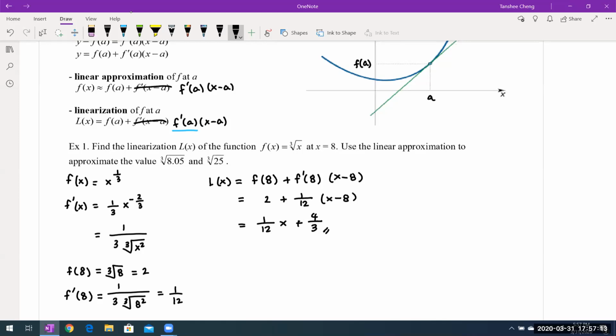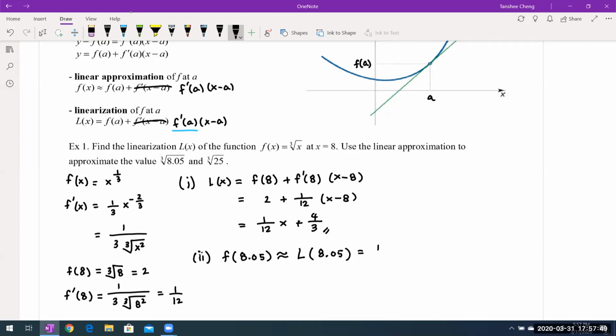This is the first part of the question. The second part asks you to do the linear approximation for cube root of 8.05. That means looking for the function value at 8.05, which is approximately equal to the linearization function evaluated at 8.05.